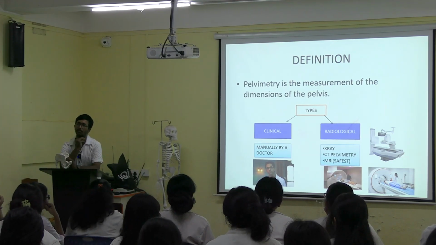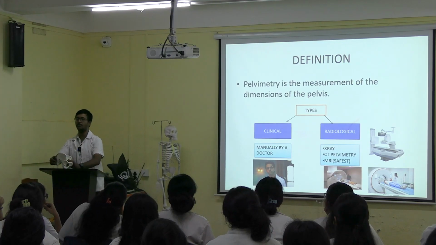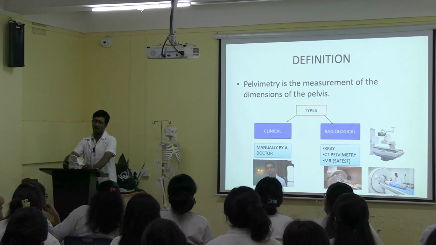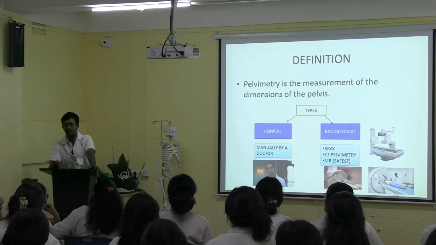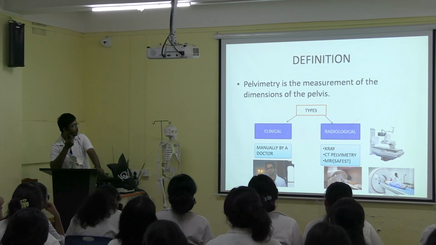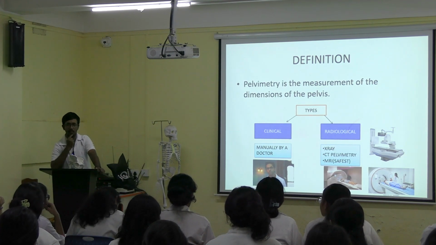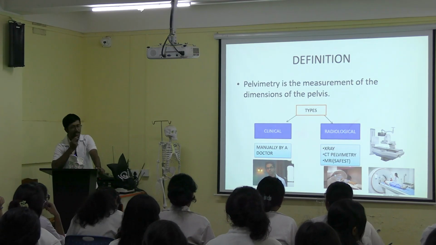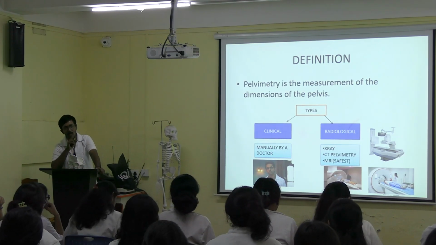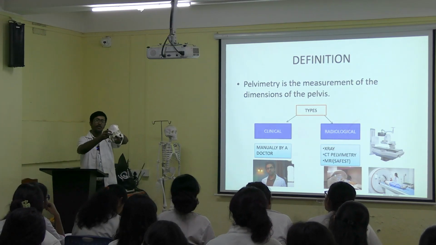And if the number of deliveries is less in your setup, which we will see in future, then depending on that it will be carried out by PGs or your seniors. But the basic measurements have to be taken by interns. So in clinical pelvimetry, using two fingers we determine whether the baby's station or the head of the baby has come down or not.